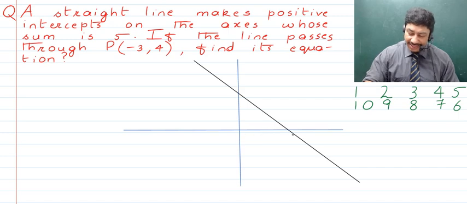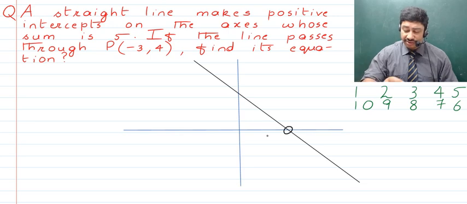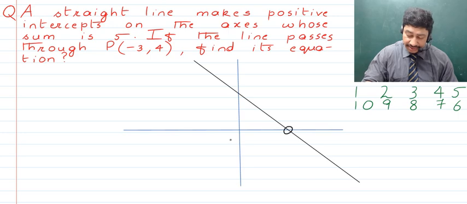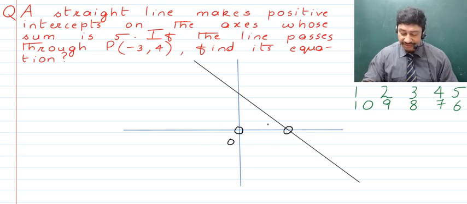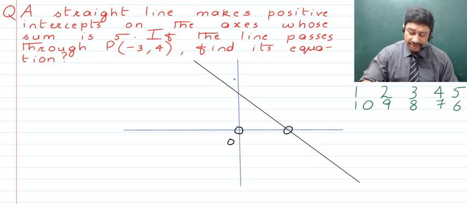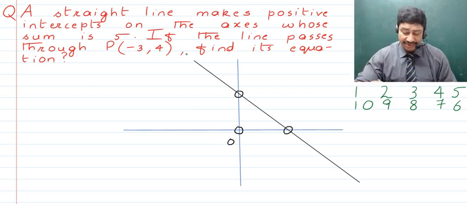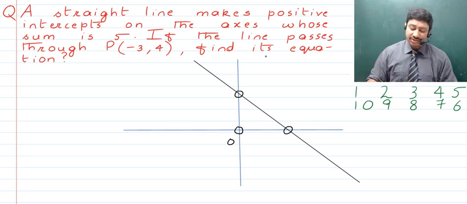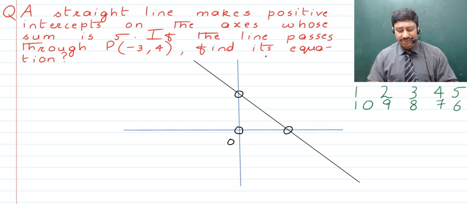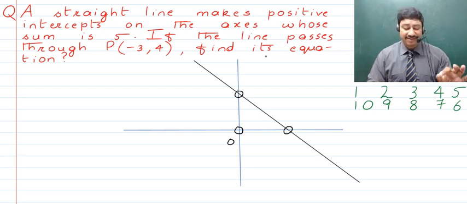So here you see that the x-intercept is positive, that is the distance of the point of intersection of the straight line with the x-axis from the origin is positive, as the distance is on the right side of the origin. Similarly, the y-intercept is also positive because it is the distance between the point of intersection of the straight line with the y-axis and the origin. As such, these 2 points have positive distances from the origin, so they can be said to be positive intercepts.